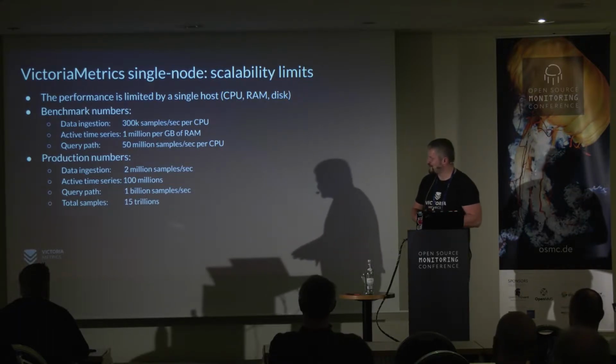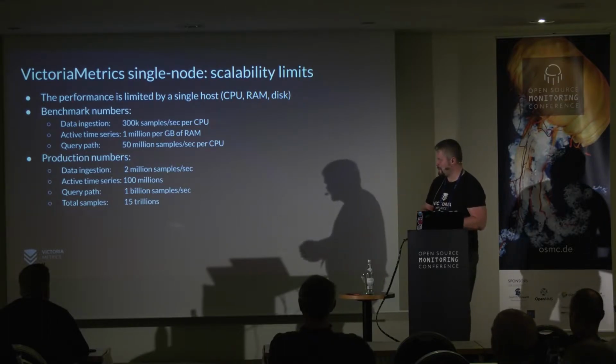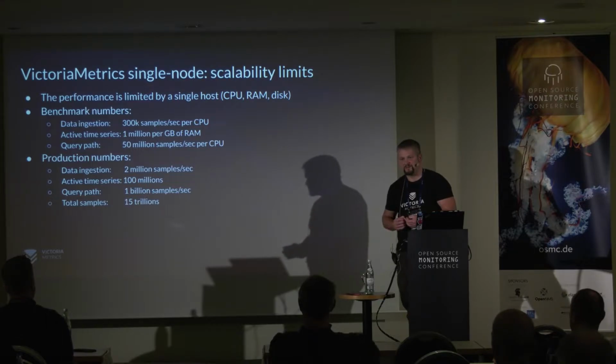According to our users and customers, we know that the single node version of VictoriaMetrics can handle up to 2 million samples per second. It can handle 100 million of active time series.